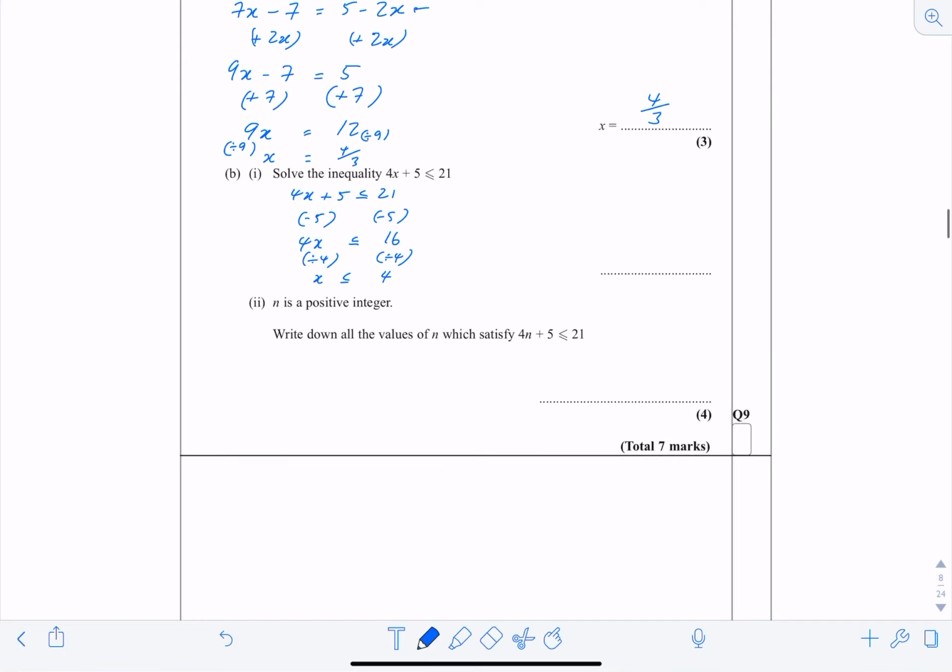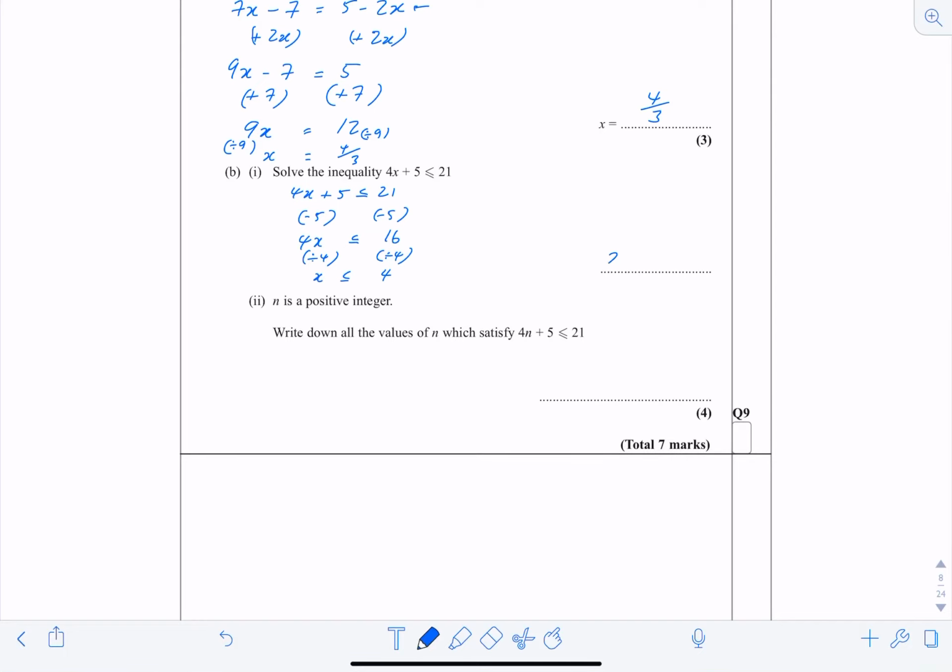Okay, so it then says, write down all the values of n which satisfy 4n plus 5 is less than or equal to 21. Well, all it says is n is a positive integer.